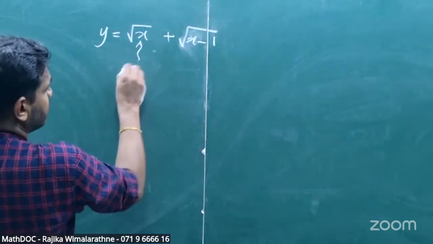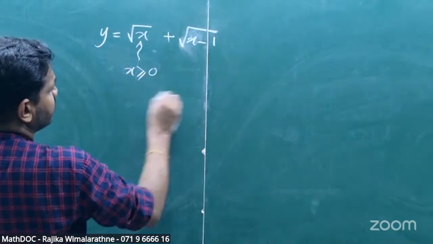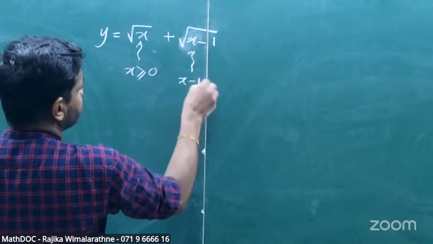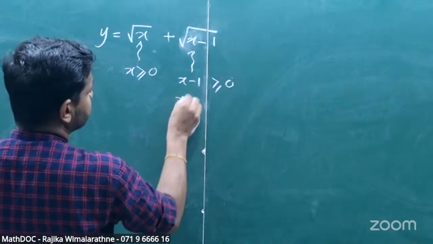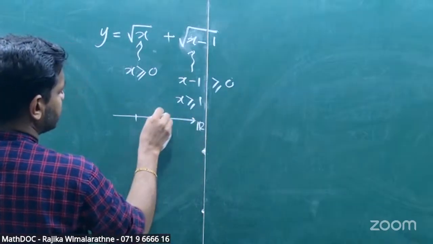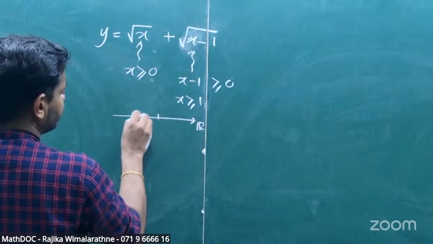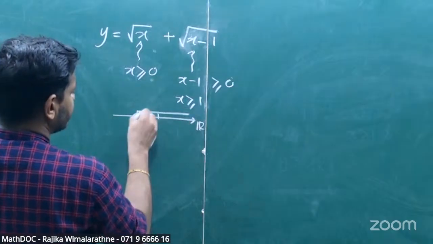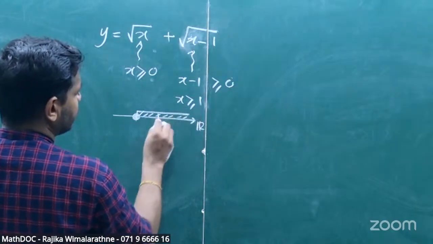For this part, x greater than or equal to 0. For this part, x minus 1 greater than or equal to 0, x greater than or equal to 1. Then here on the real number line, value greater than 0, value greater than 1.